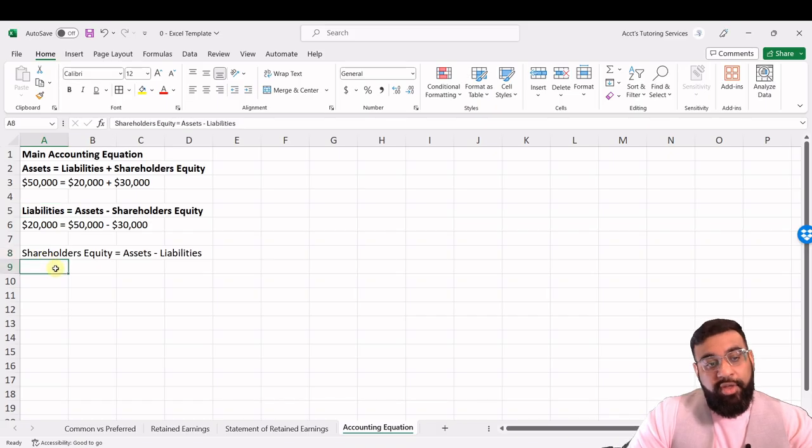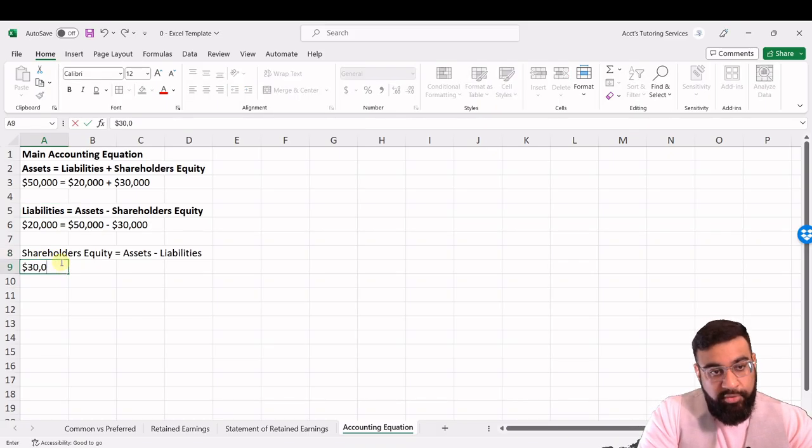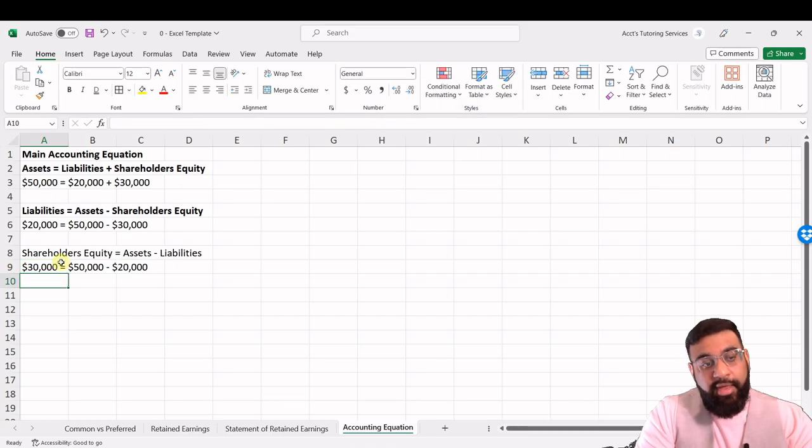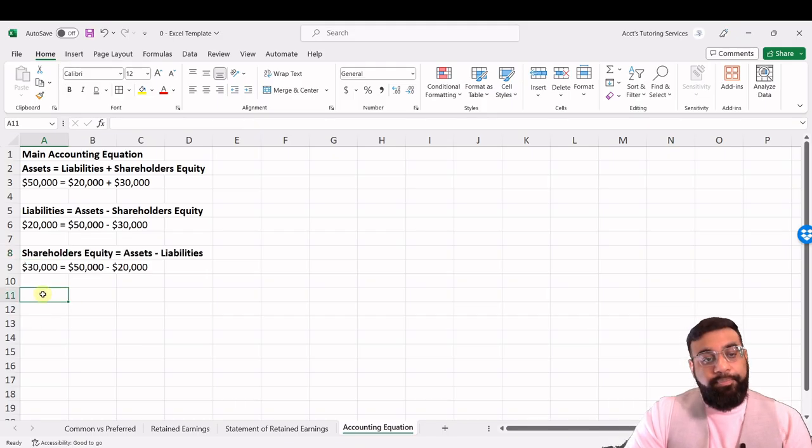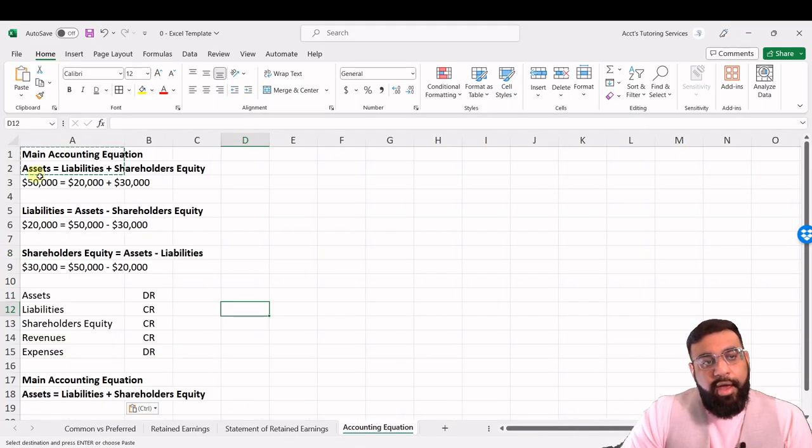Or we could do shareholders' equity equals assets minus liabilities. So if shareholders' equity is 30,000, that equals assets of 50,000 subtracted by liabilities of 20,000. Once again, this remains in balance. Very important.